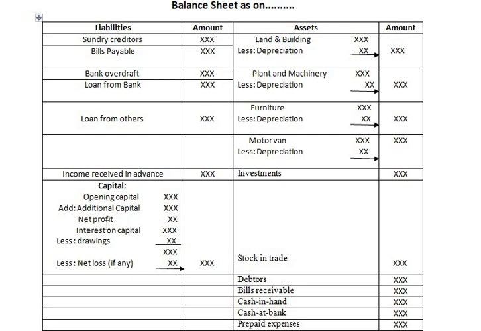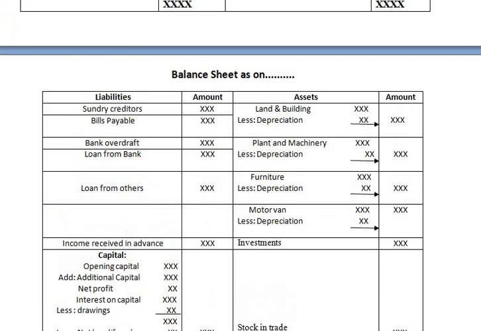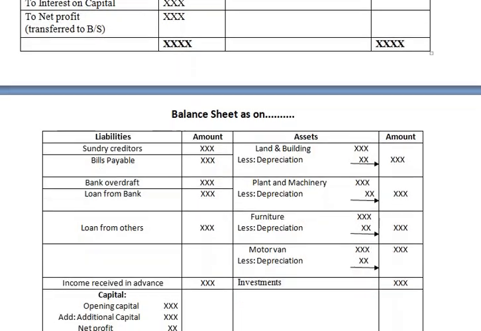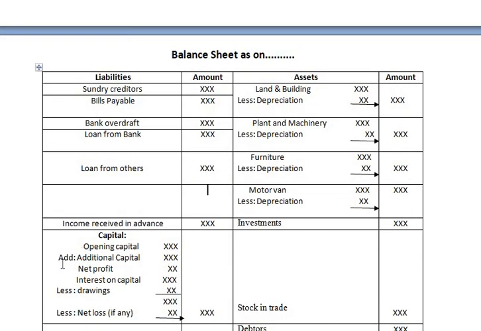From where did you get this net profit? This profit is from the profit and loss account. In the profit and loss account you have written 'to net profit, transfer to balance sheet'. So this amount is being transferred to the balance sheet, to the liability side.